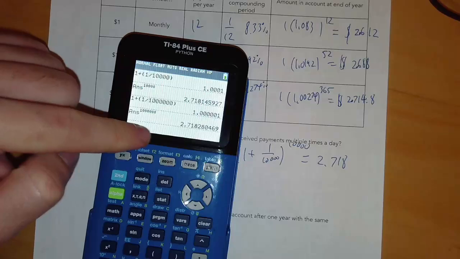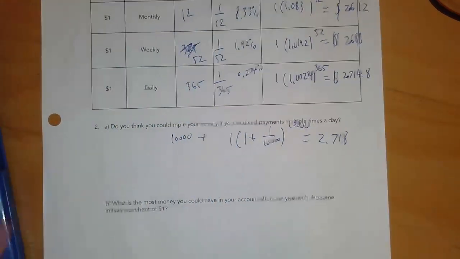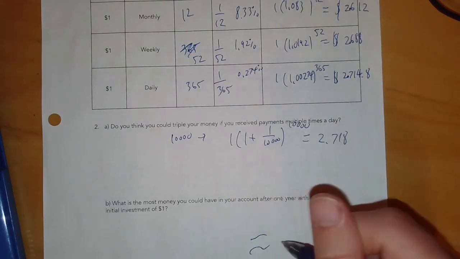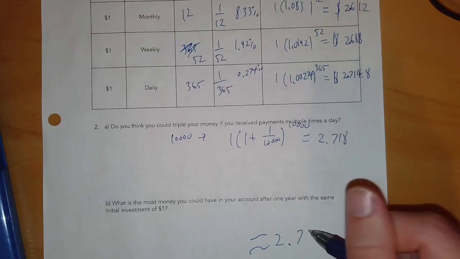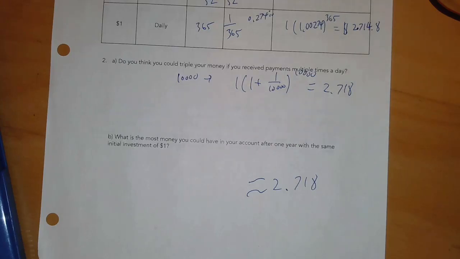You can see that a million was a little bit bigger than the 10,000 that we did. But what we're basically saying is that the best we can do, if we compound continuously, is this 2.718. That's the best we can do. And this is important.